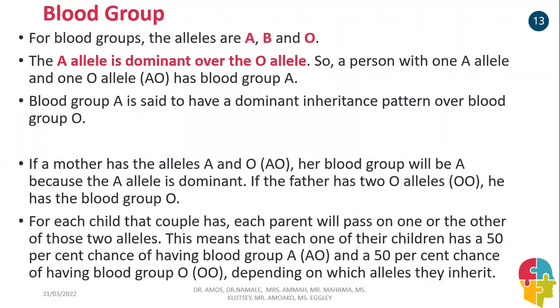If somebody has blood group B, the person has BO. And if somebody is actually blood group O, the person is actually OO. But because the A and the B are dominant over the O, we end up writing only an A and B, or a capital O for the O blood group.